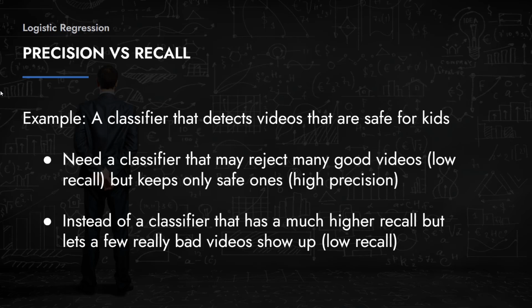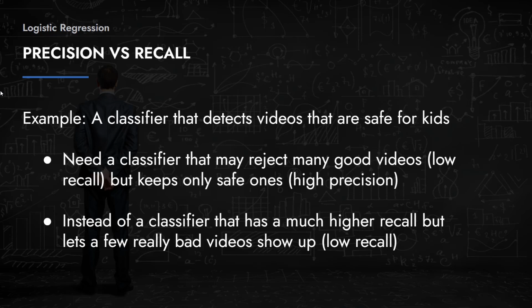Remember, in the cancer problem, we were okay with predicting non-cancer patients as having cancer. That error was relatively safe for us. In this case, that would correspond to having classified some bad videos as good, so the kids would be exposed to bad videos, and that's not what we want.